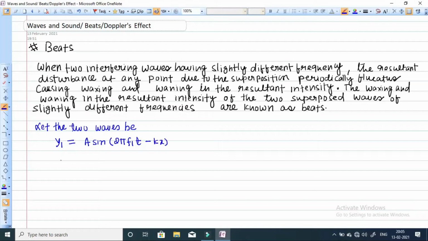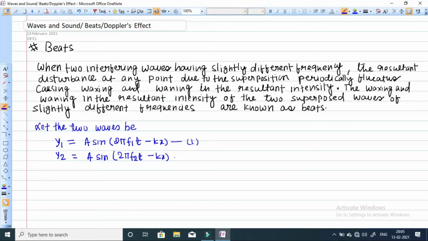The equation of displacement of the particles of the second wave is y2 equals a sin 2 pi f2 into t minus kx. Their amplitude is the same, but the frequency is different. These two are the equations of the waves.